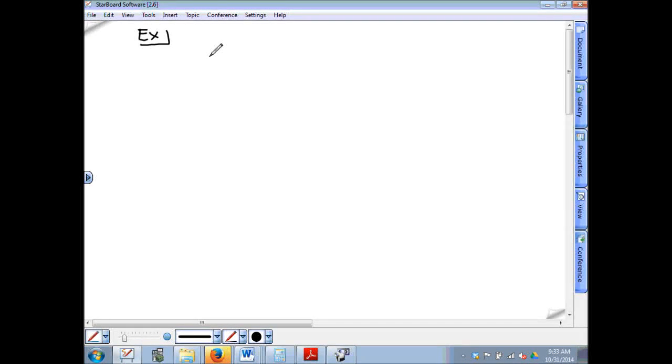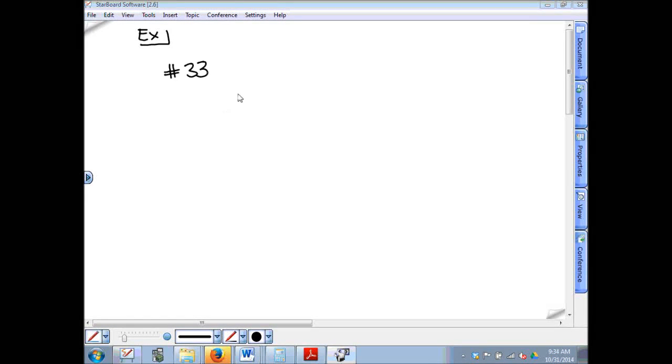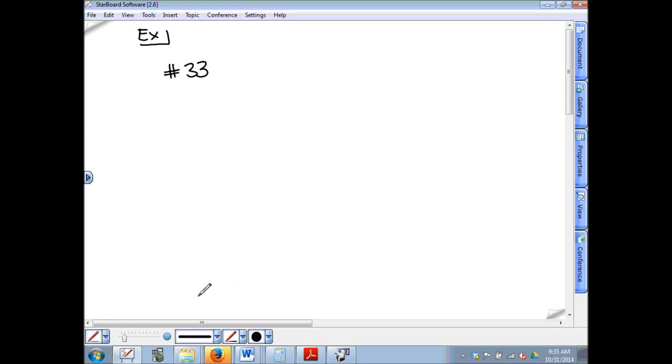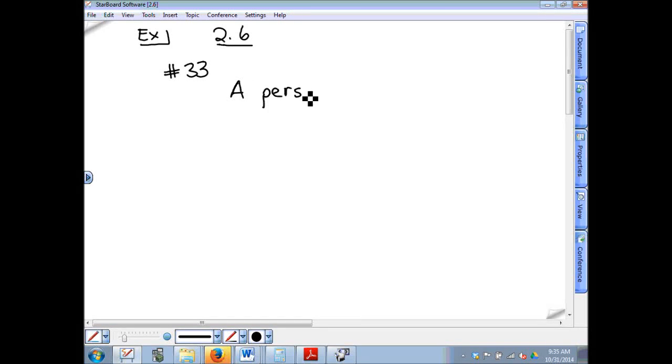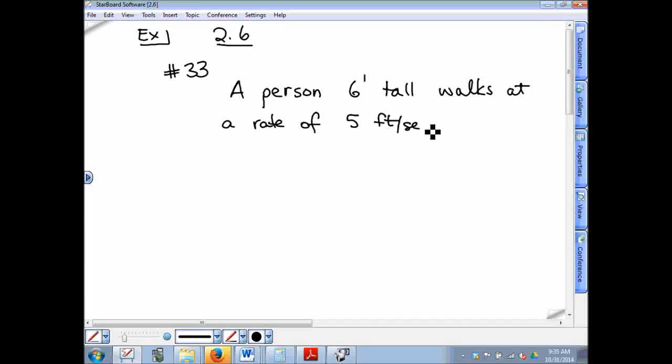Matter of fact, let's do one of your homework problems here. This is number 33 off your homework from 2.6. So, a person 6 feet tall walks at a rate of 5 feet per second.